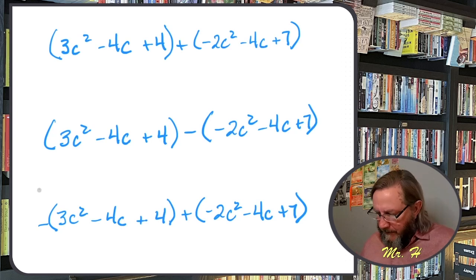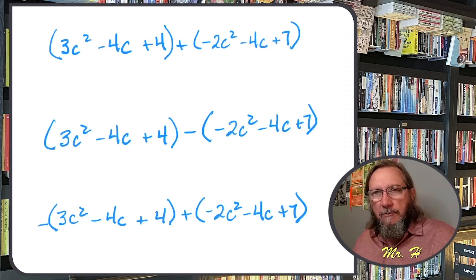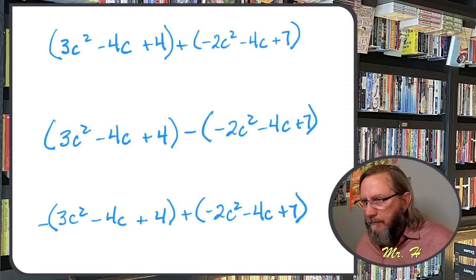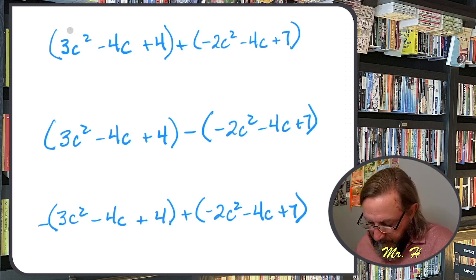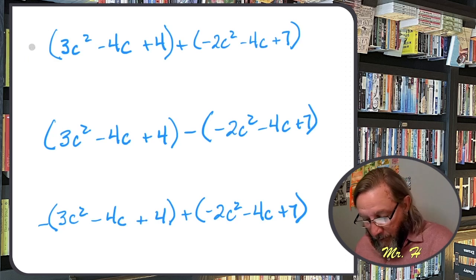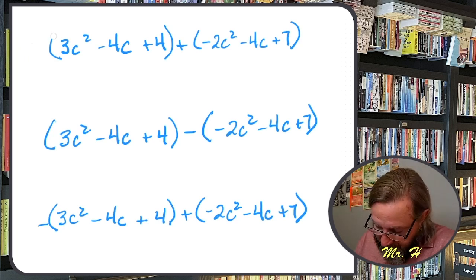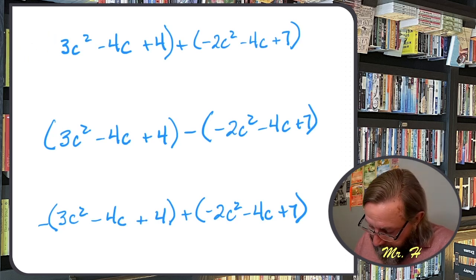Well, let's take a peek at the first one. Remember, we can't put these together and simplify them until we remove the parentheses. So if I look at the first problem, can I erase the first set of parentheses? Yes, I can, because out here is a positive or no sign. So I can simply erase here, erase here.